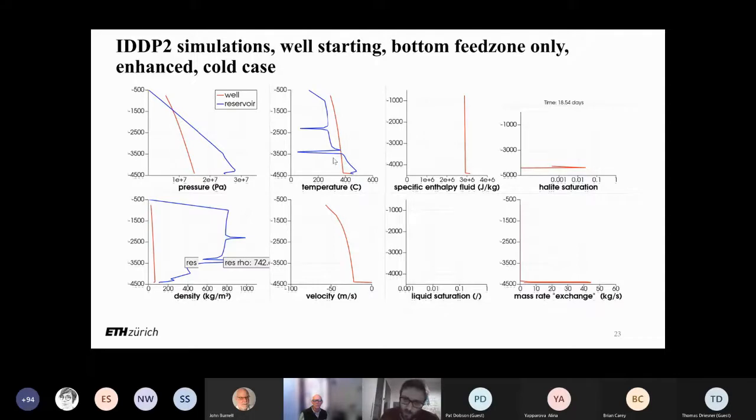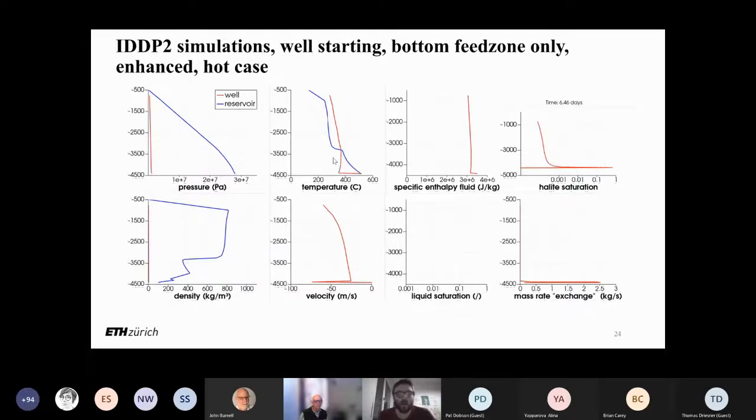So what if we jump into the future again and look at what's going to happen once the formation comes back to hot and draws saline fluids back into the well? And now this is the result. If we have a hot formation, as you can see here, you have a dramatic precipitation of halite.